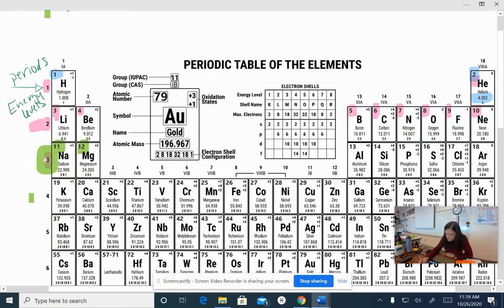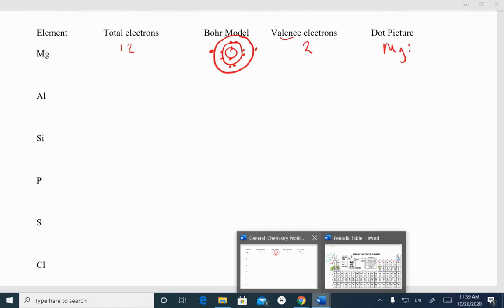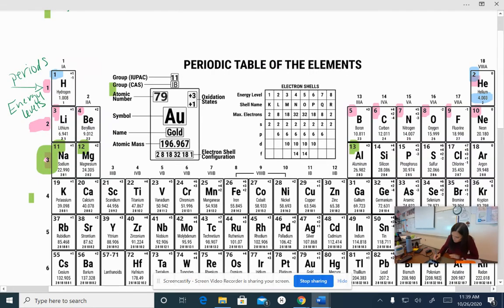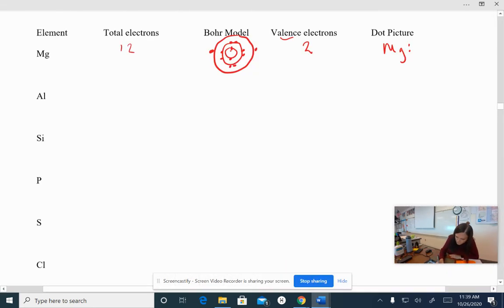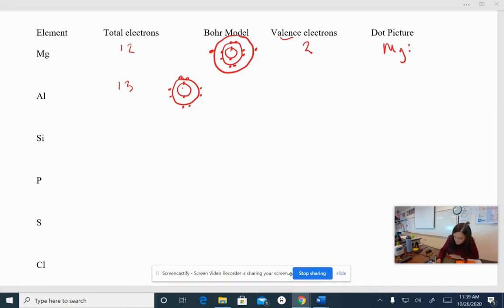Okay, aluminum, I now have 13 electrons. I'm going to put it over here. 2 here, then 2, 3, 4, 5, 6, 7, 8 on the second level.